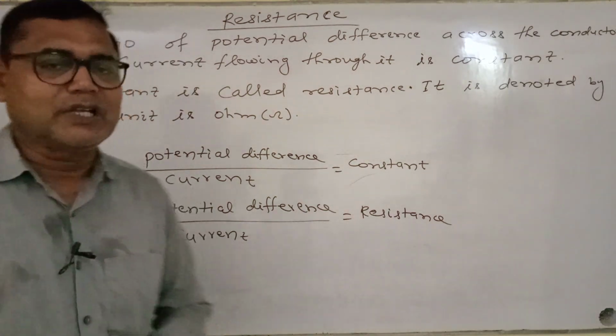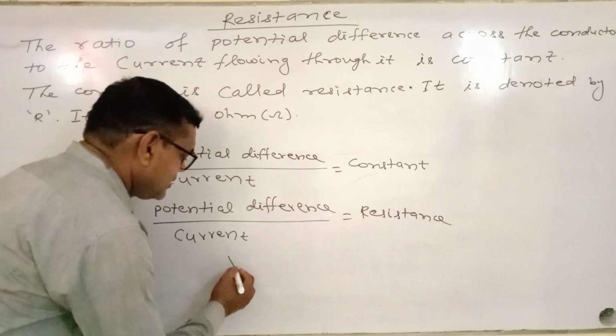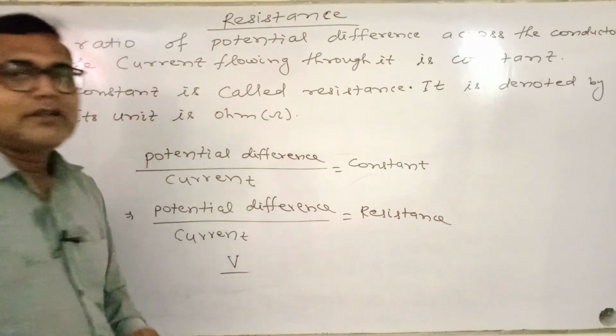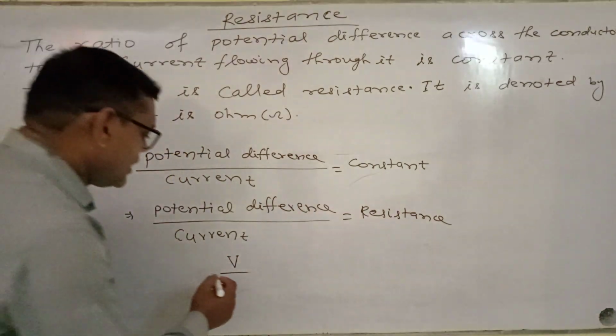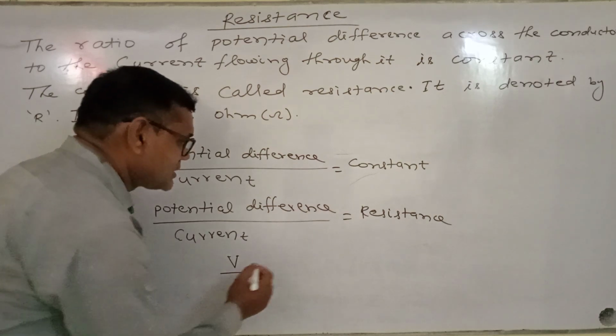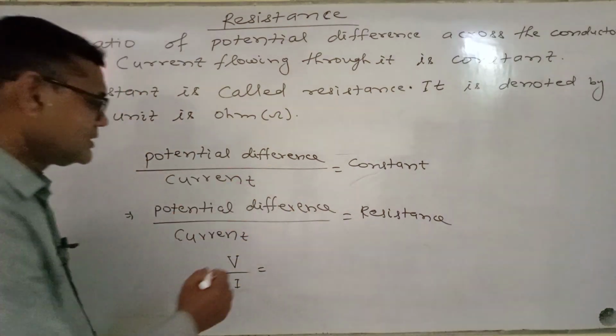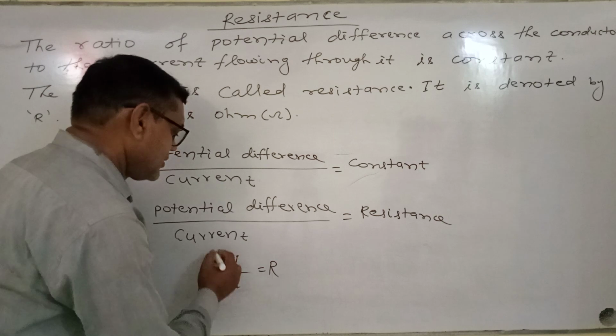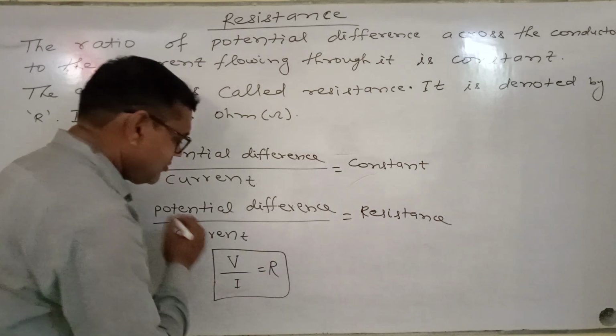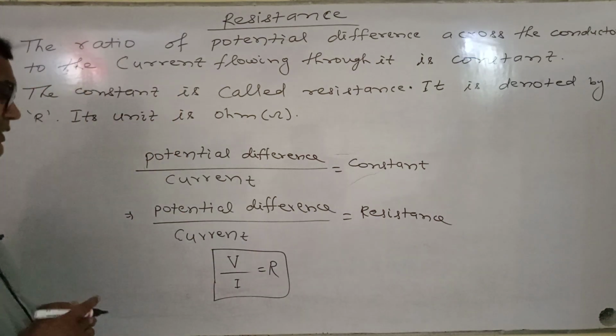The symbol of potential difference is V, the symbol of current is I, and the symbol of resistance is R. It is the formula of resistance.